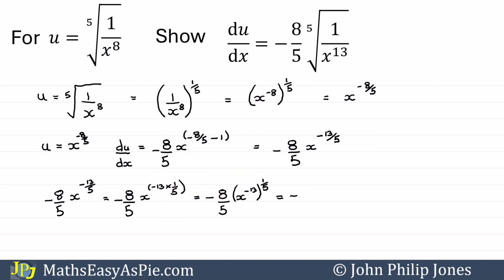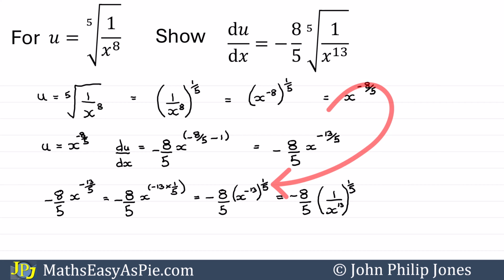Of course, we can make this equal to minus 8 over 5, and in brackets I can put 1 over x to the 13, and all that is raised to the 5th. And of course, what I've done, I've brought this x to the minus 13 to here, and it's 1 over x to the plus 13.